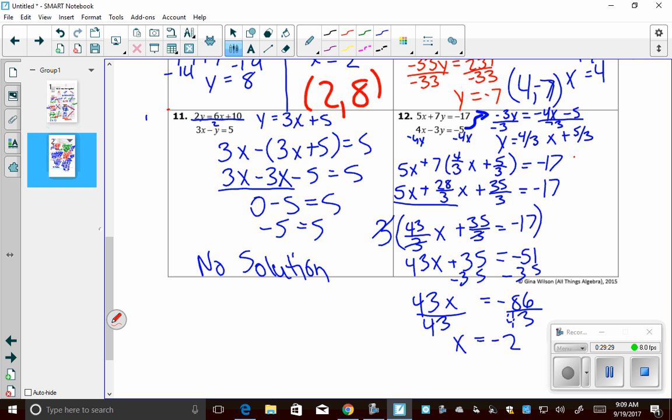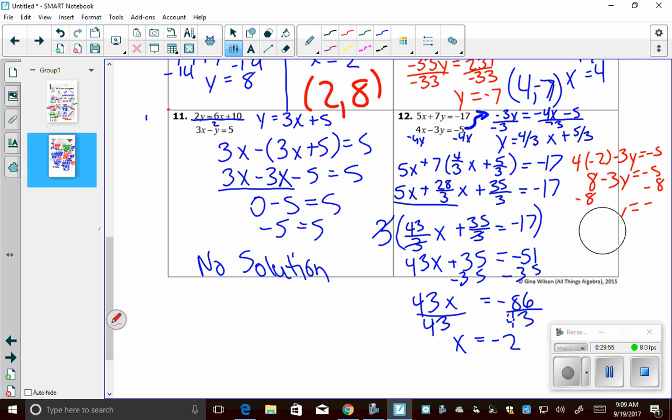Let's use the bottom one. 4 times negative 2 minus 3y is equal to negative 5. 4 times negative 2 is 8, minus 3y is equal to negative 5. Subtract 8 from both sides, and you get negative 3y is equal to negative 8.